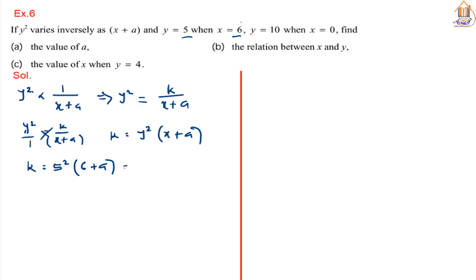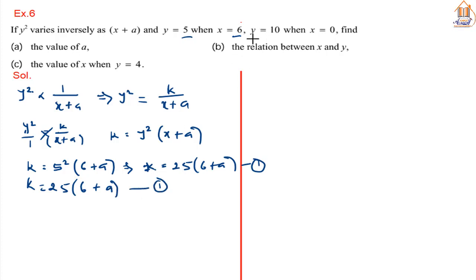So k is equal to 25 open bracket 6 plus a close bracket. We're going to call this our equation 1.